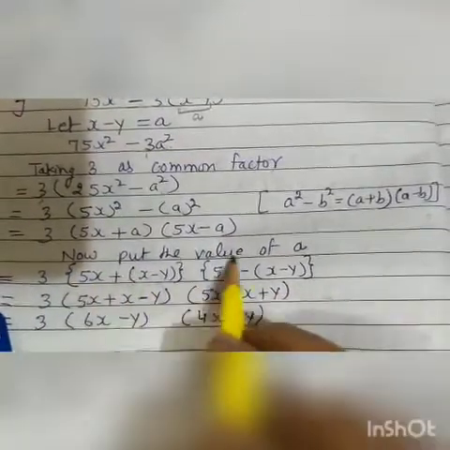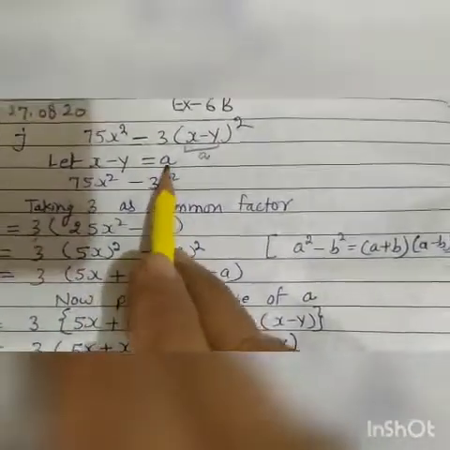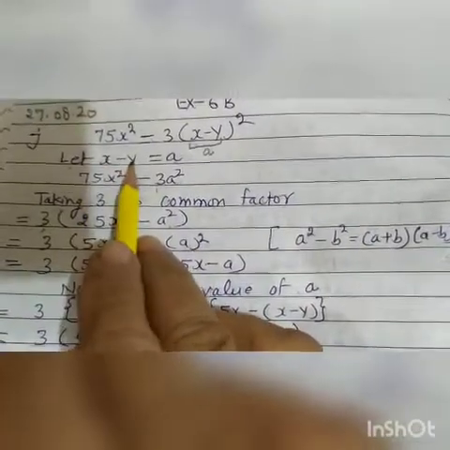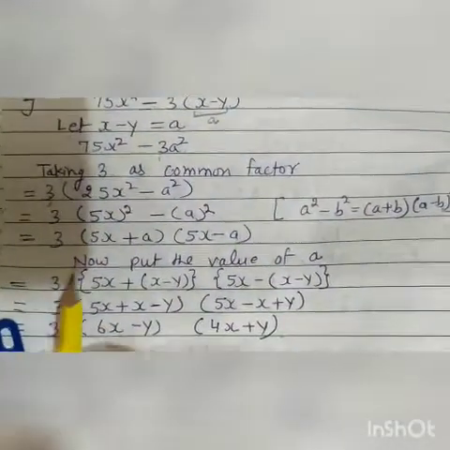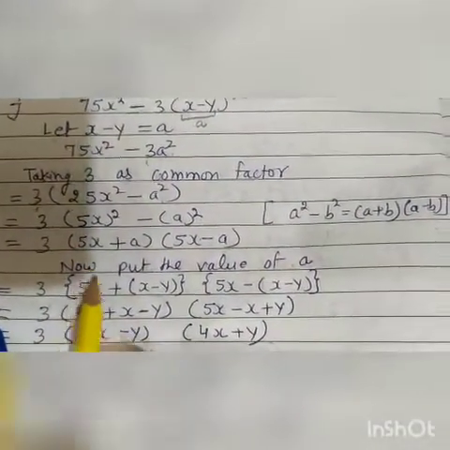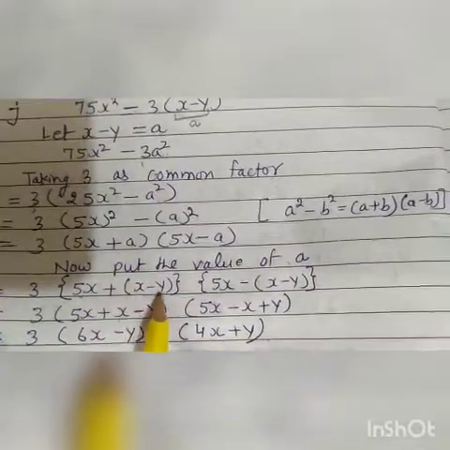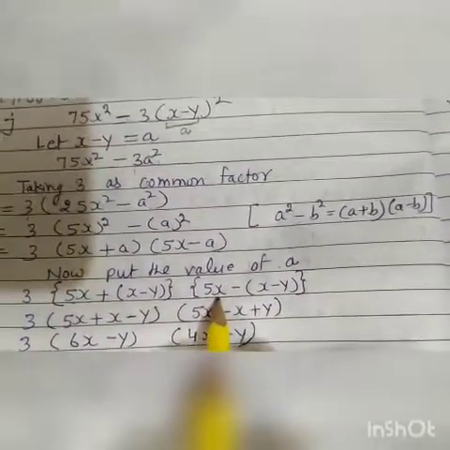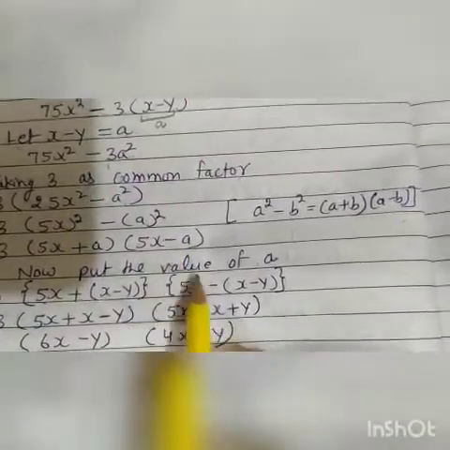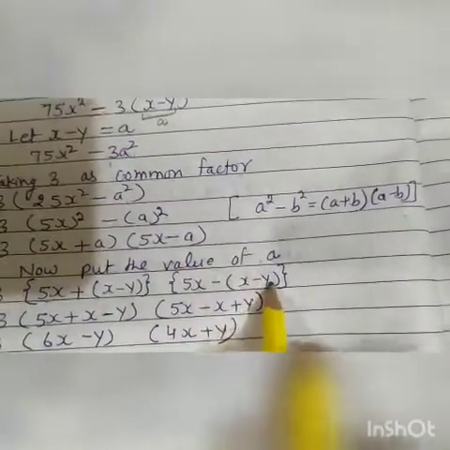Now we will put the value of a. What is the value of a? A is equal to x minus y. So this 3, then this 5x plus the value of a, x minus y. Then in the other bracket again 5x minus, in place of a, x minus y.